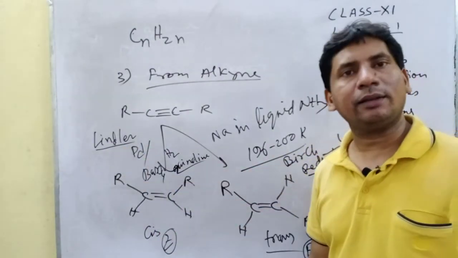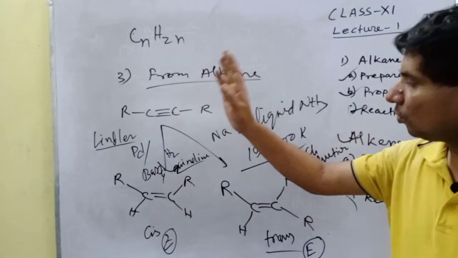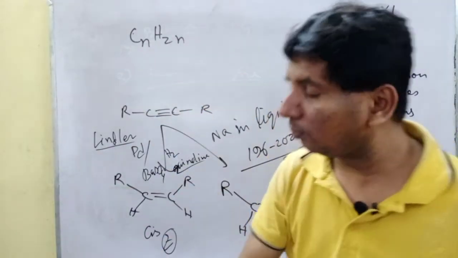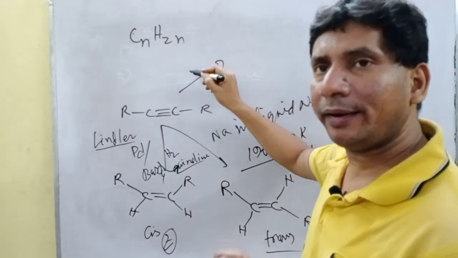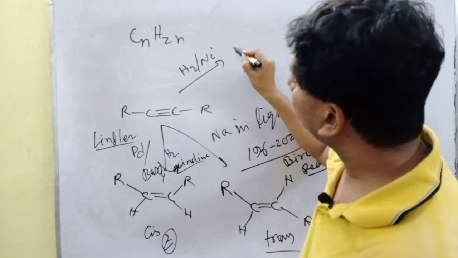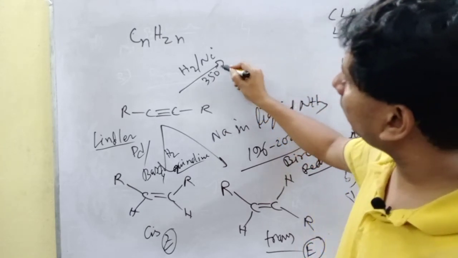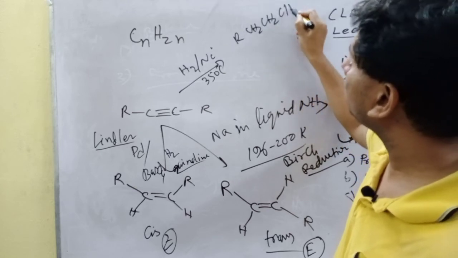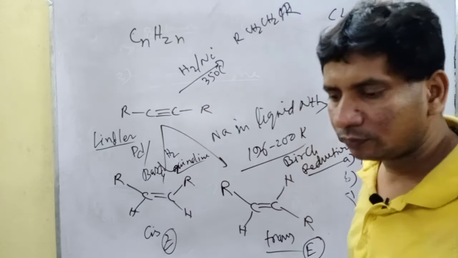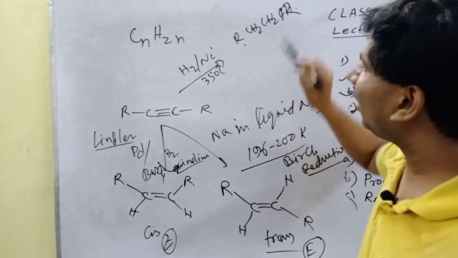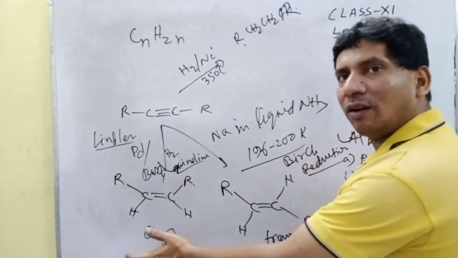This is Lindlar catalyst. Very important, because if we reduce this type of compound by lithium aluminum hydride or hydrogenation in the presence of nickel at 350 degree centigrade, then we will get RCH2 CH2 R. We will not get this type of compound.